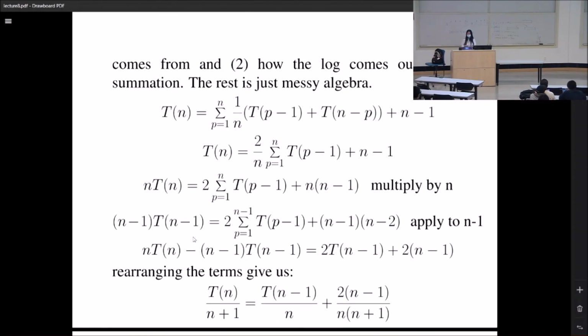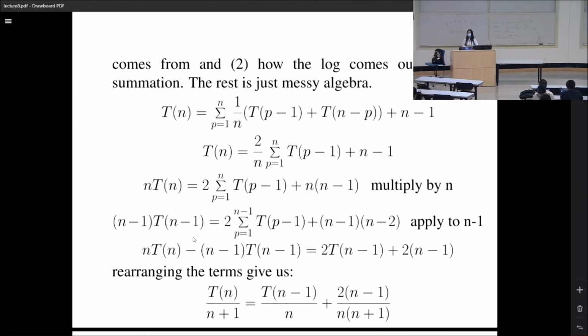So you will have T of n and also T of n minus 1 total work. In this case, you can calculate T of n by just subtracting one from the other, and you will get the formula at the end, which is T of n divided by n plus 1 equals T of n minus 1 divided by n, plus 2 times n minus 1 over n times n plus 1.